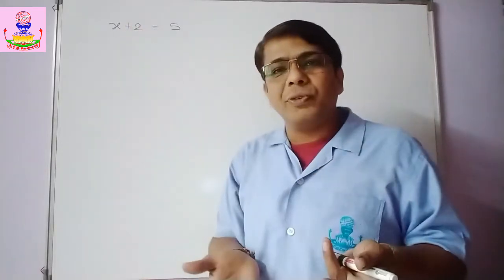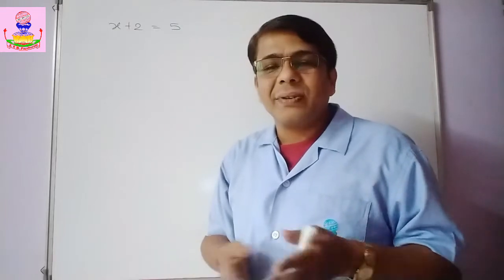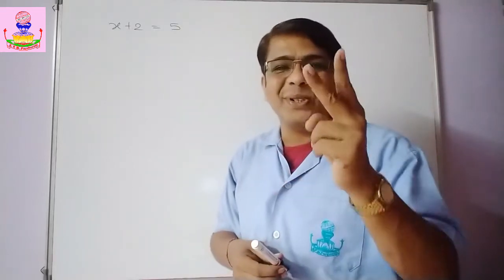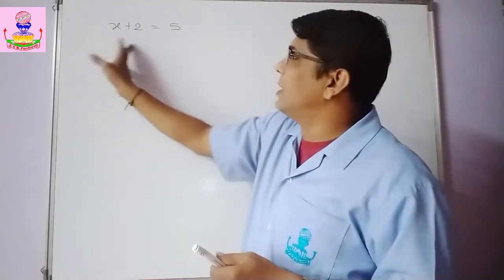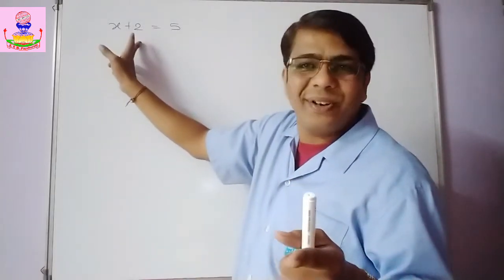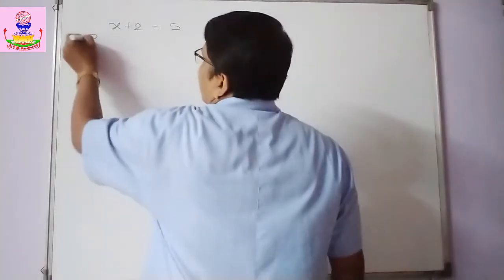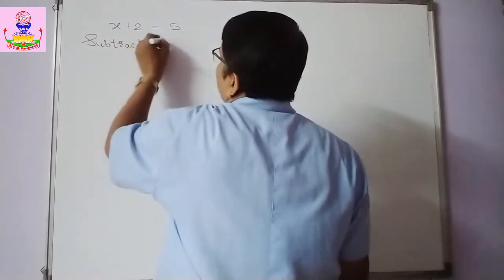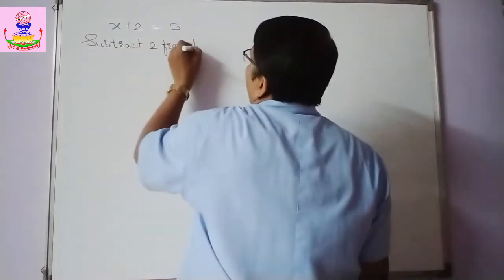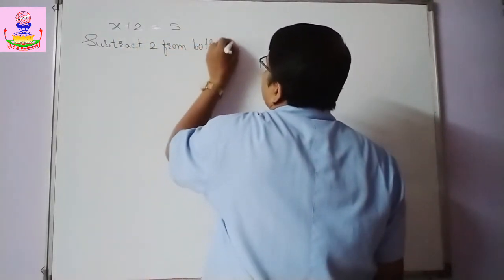So how to remove it? When I subtract 2 from both sides. Am I right? Yes, then only the 2 from this side will be removed. So we subtract 2 from both sides.